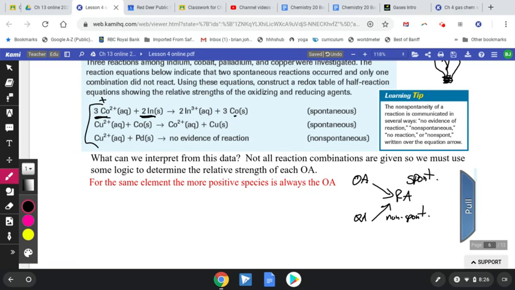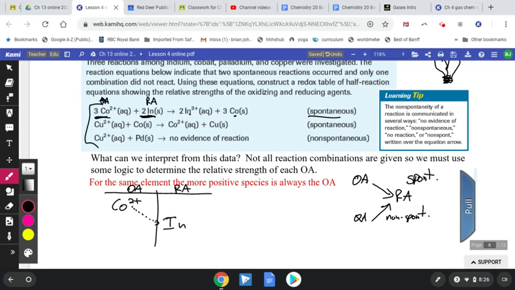So this one's more positive, so this is the oxidizing agent. Indium becomes indium 3 plus, so that means this is the reducing agent. Every redox reaction has both. All right, so this reaction is spontaneous. What does that tell us about where cobalt 2 plus sits relative to indium? It means that cobalt 2 plus sits above indium in our table of relative strengths. Okay, it makes sense because it's a spontaneous reaction.